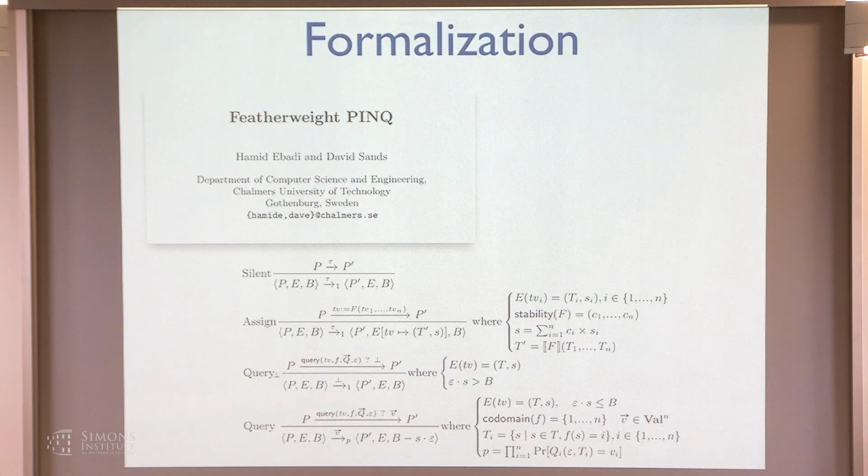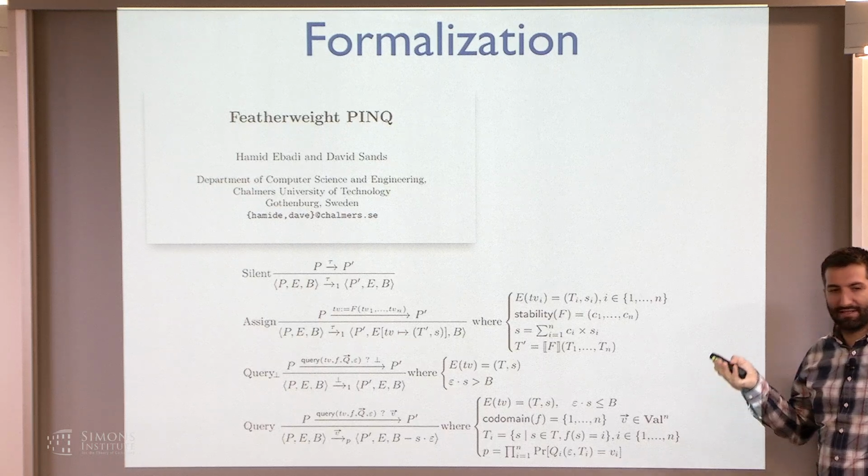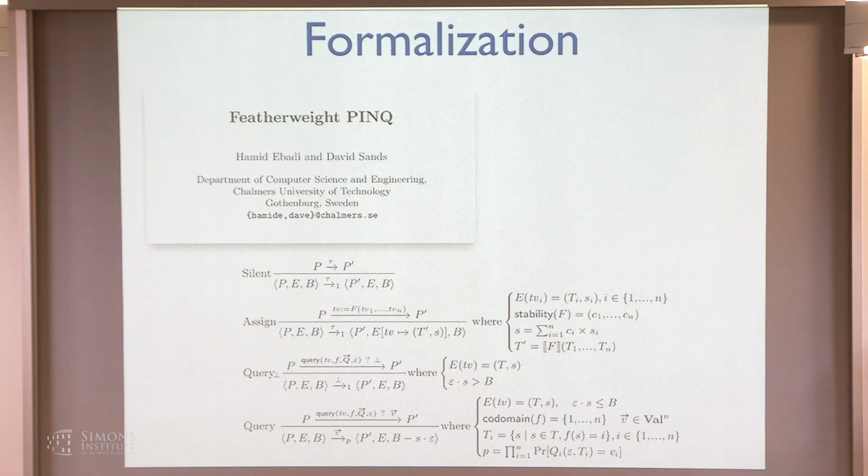People have tried to formalize part of it. Why do we want to formalize? Again, we want to make sure that it's correct. I'm not yet completely sure that the way Pink is implemented is correct. I'm not sure it does all the privacy budget accounting in the right way.